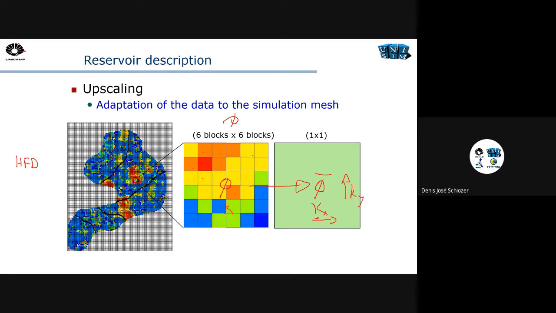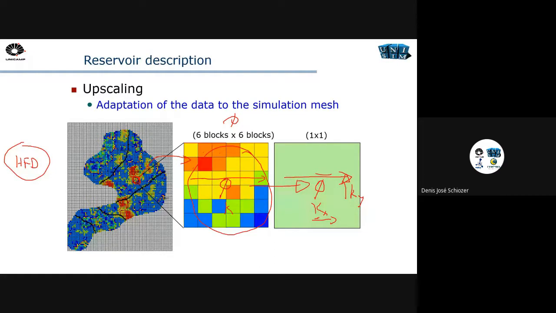So I have to take all this information from a fine scale in geology and a high fidelity model, for example representing each 5 meters or each 10 meters and so on, and translate this into a block that has 50 meters or 100 meters. And then I want a model where the flow through these blocks has the same behavior as the flow through this block here.